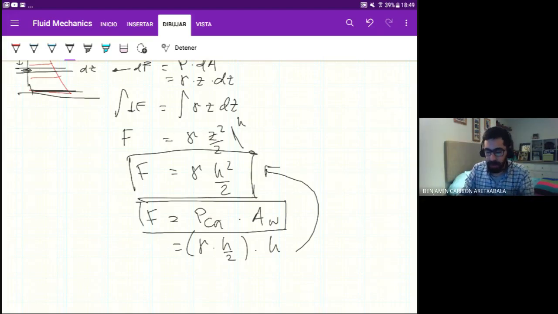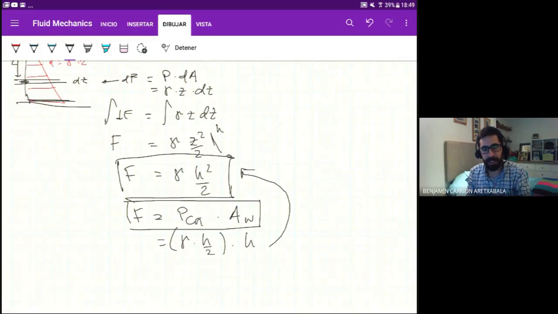Let's assume that what I showed you here is a particular example. I'm going to show you the general one, and we should arrive at the same result.